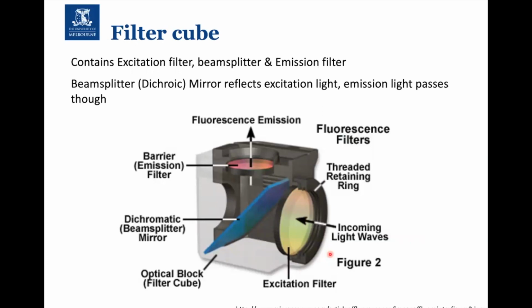These excitation filters normally sit within a filter cube. So this is the light coming in. That's the excitation filter, which is blocking out most of the white light and selecting just the wavelengths that we want. It hits this dichroic or dichromatic beam splitter mirror. This is a specially tuned mirror which will reflect that light coming through from the excitation filter down through the objective to the sample.